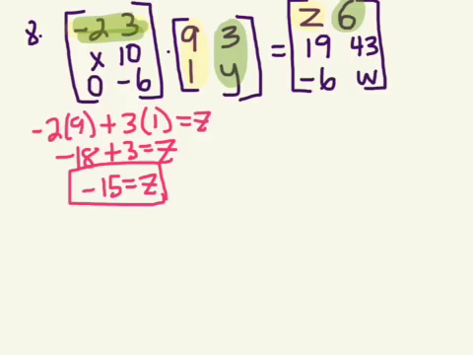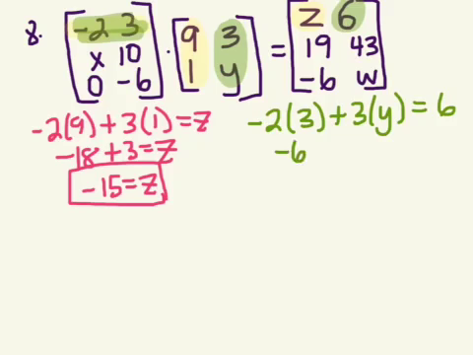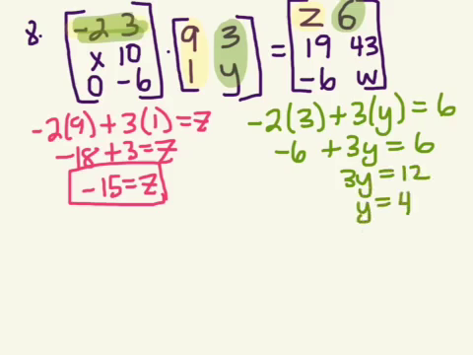So you have -2 times 3 plus 3 times y, and that's supposed to equal 6. So when you simplify that, -6 plus 3y is equal to 6. So 3y is equal to 12, to end up with y equaling 4.